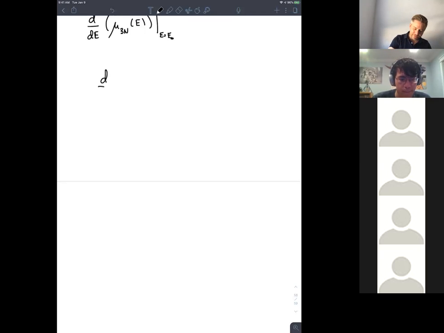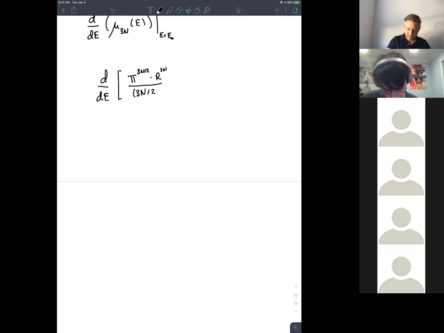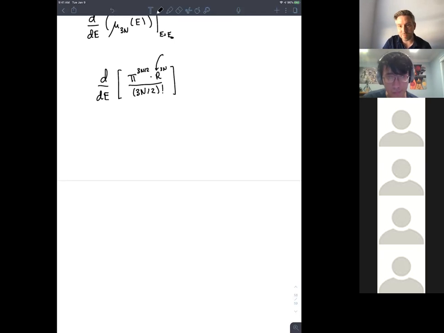So we want to take the derivative with respect to energy of the volume of a 3n dimensional sphere, which is this thing, pi to the 3n over 2 times r to the 3n divided by 3n over 2 factorial. Now, you say, well, I'm taking the derivative with respect to energy. Where the heck is the energy? Well, the energy is in the radius, right? So now what we need to do is substitute in our expression for the radius.